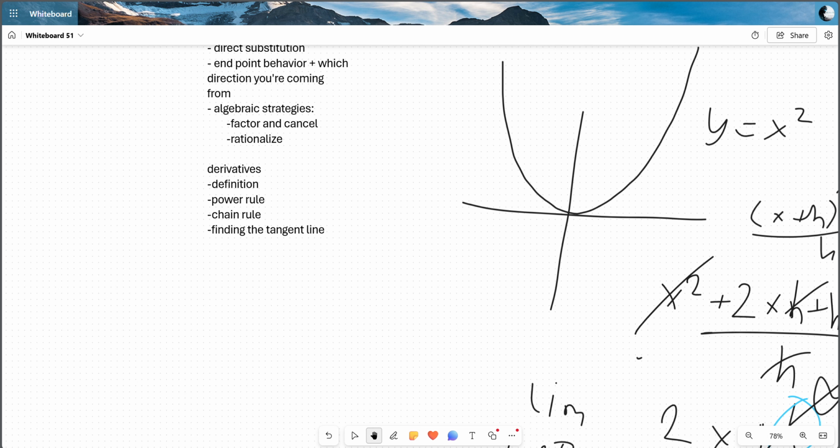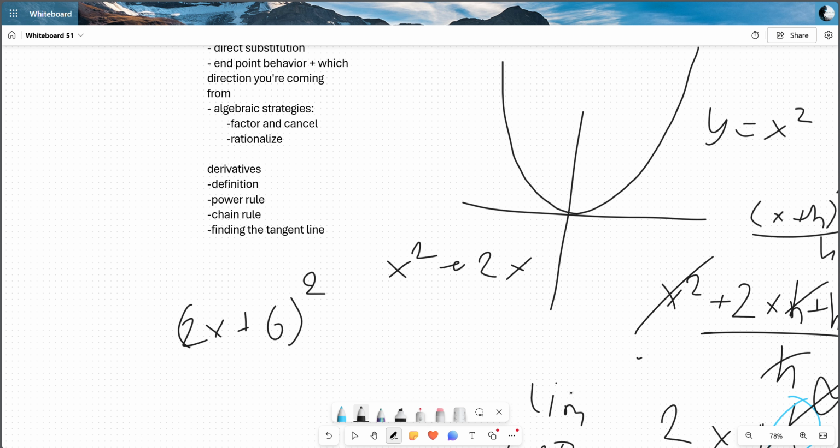Now let's talk about the chain rule. What if instead we had something like x plus 6 to the power of 2, or let's say 2x plus 6 to the power of 2? We already know that the derivative of x squared is 2x. But how can we figure this out when we have a 2x plus 6 in here?